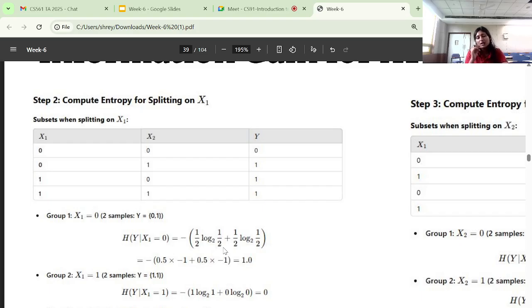Meaning if I have chosen x1, what change in the entropy comes in the final attribute y. So there are two specific values: y given x1 equal to 0 and y given x1 equal to 1. The formula is the same, you just choose only those rows where x1 is 0, so out of the first 2 rows, calculate the entropy of y.